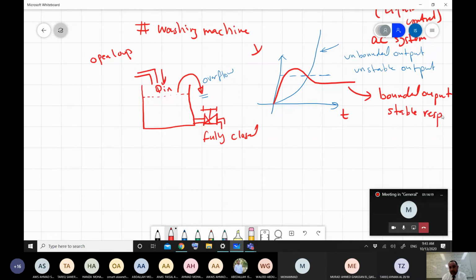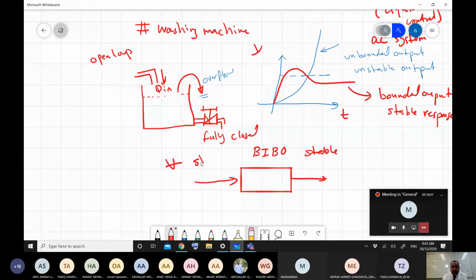Of course, if I need to study the stability, then the input must be stable. So we can say that the system is stable, or bounded input, bounded output is stable, for all bounded input I'm having a bounded output.